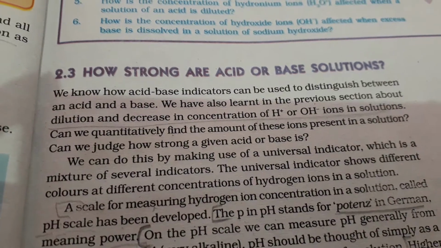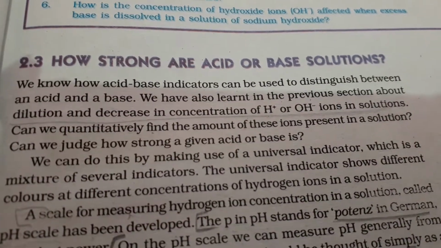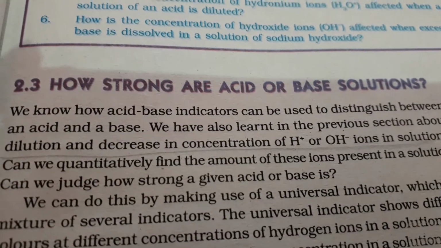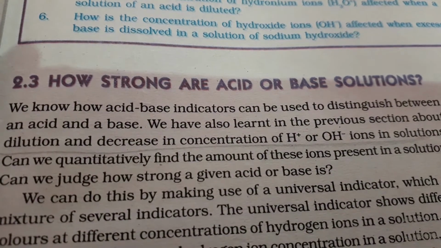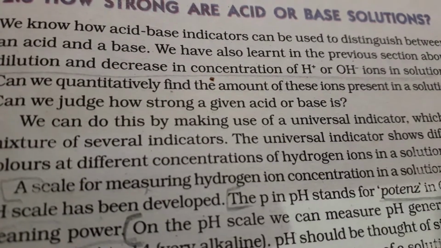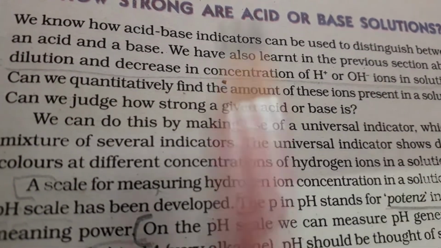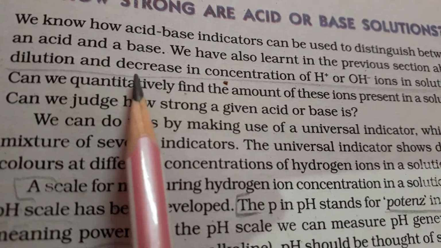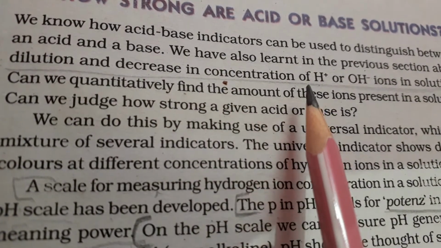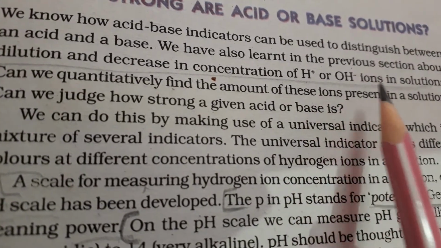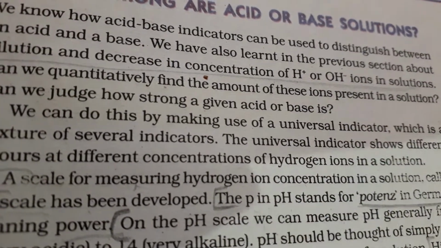Dear students, in this video we will see how strong an acid or base solution is. In our previous section, we saw that on dilution, there is a decrease in the concentration of H plus or OH minus ions in the solution.